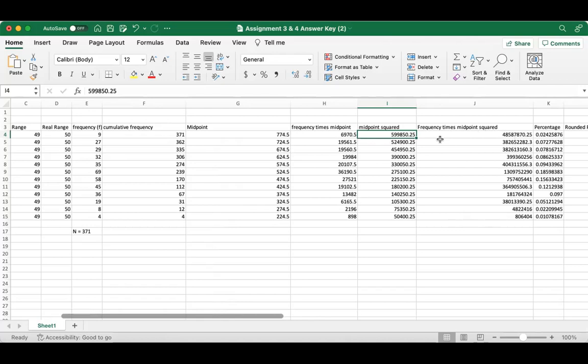So then it would be equals G3 to the second power. Same thing. Equals G4 to the second power, equals G5 to the second power.